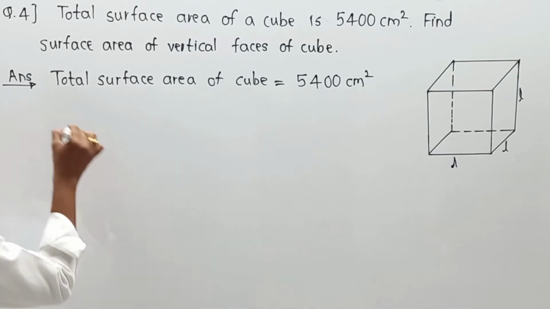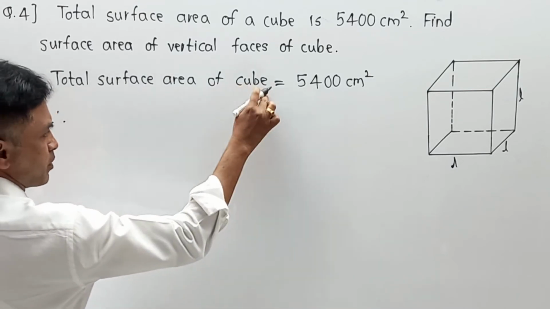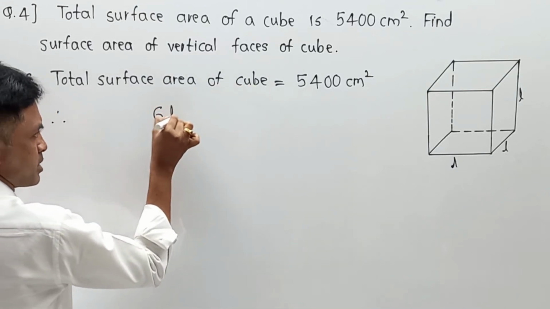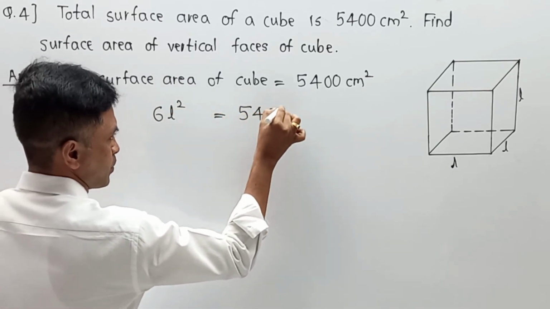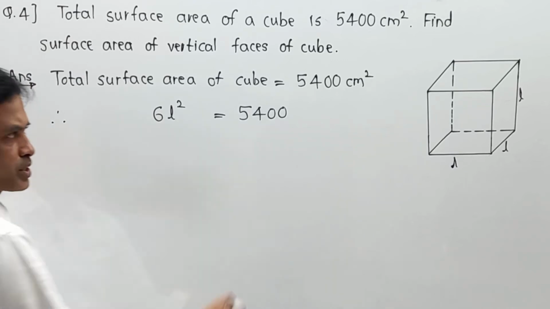According to formula, total surface area of a cube is 6L square, means 6L square is equal to 5400 square centimeter.